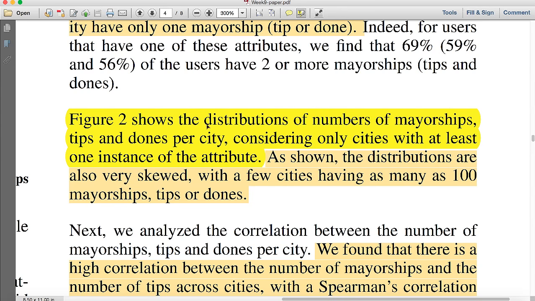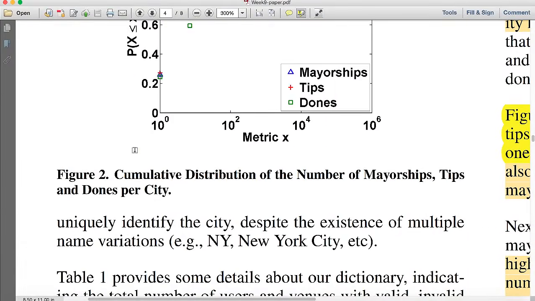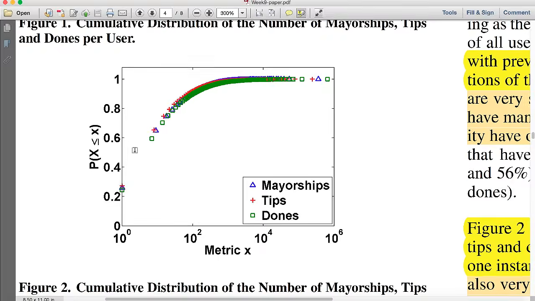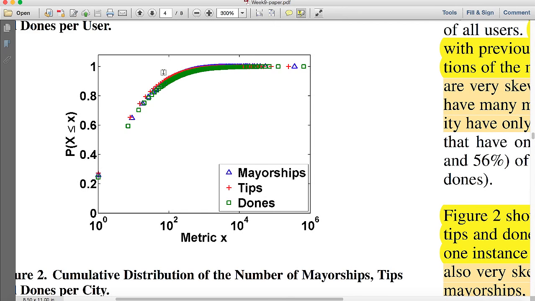Right. So again, if you look at figure 2, the distribution is very similar in terms of a small number of cities having a large number of mayorships, tips and dons, and a large number of cities don't have these. Somewhere around 80, 90 or so, there's only a small set of cities.